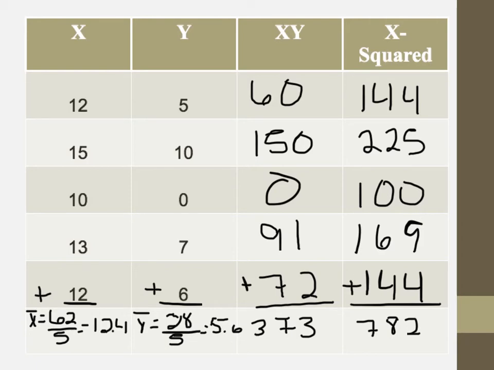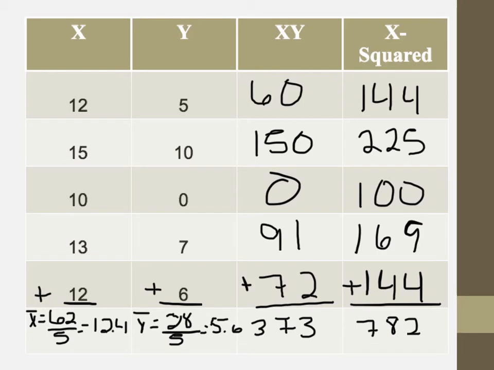Now for my equation, I have the sum of xy minus n times the mean of x times the mean of y. So I need to add up everything in my xy column, and that's going to give me 373. That's my sum of the xy.